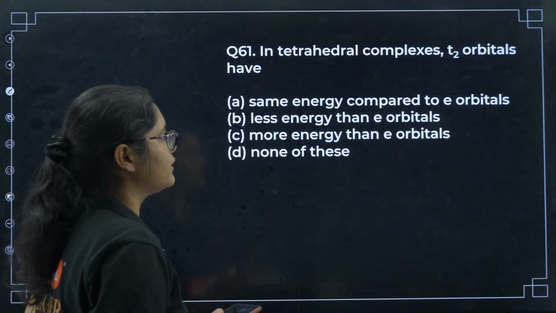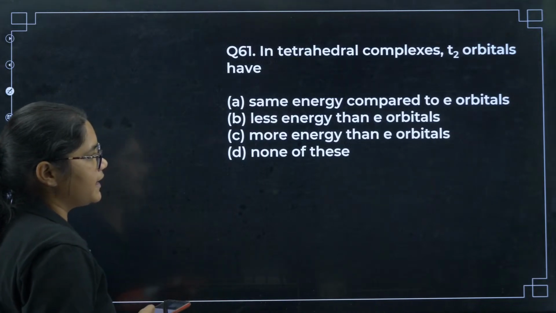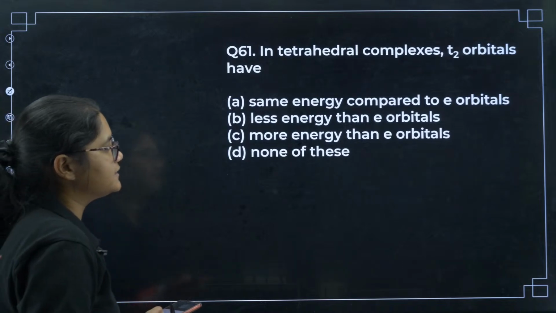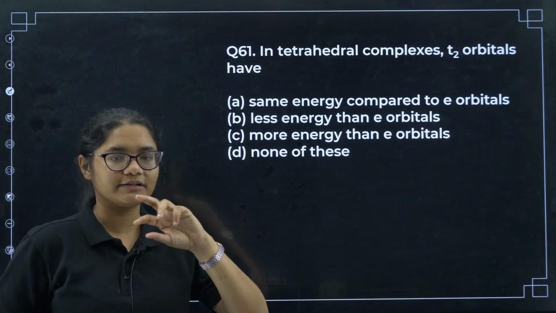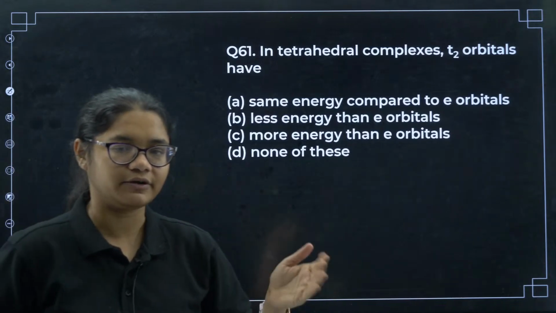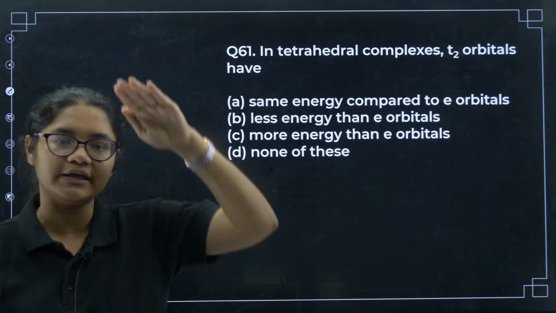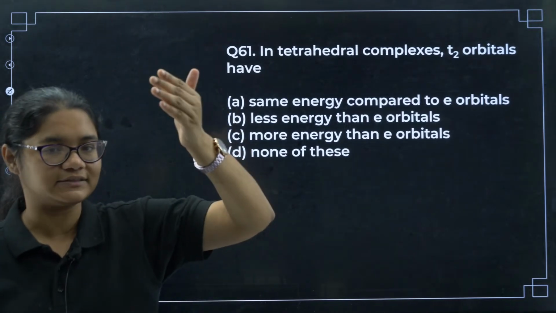In tetrahedral complexes, the T2 orbitals have the same energy compared to E, lesser energy compared to E, more energy compared to E, or none of these. In tetrahedral, the splitting is just opposite to that of d orbitals in the octahedral. In octahedral, t2g is below, eg is higher. In tetrahedral, E is below, T2 is higher, right?